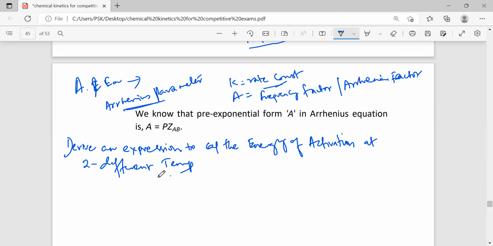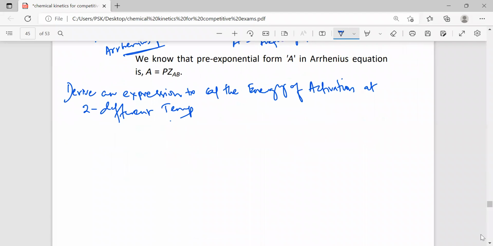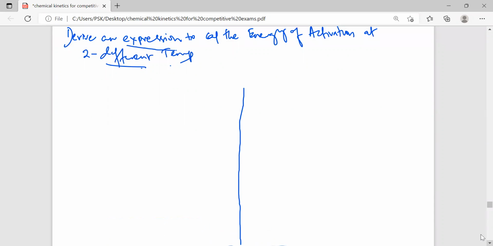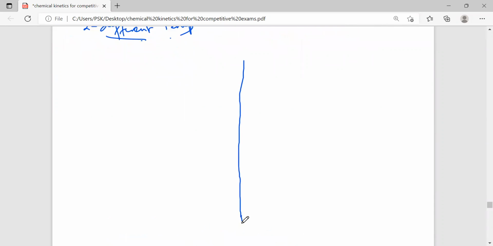This is the derivation we are supposed to learn. This is the last part of the topic in chemical kinetics. Derive an expression to calculate the energy of activation at two different temperatures. Now, in order to derive this equation, we should use the Arrhenius equation.